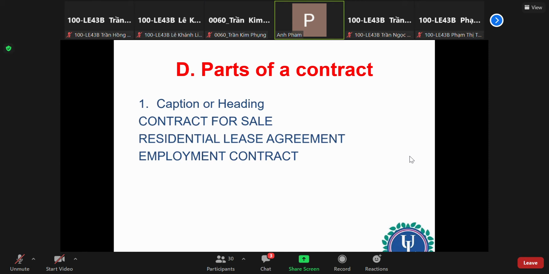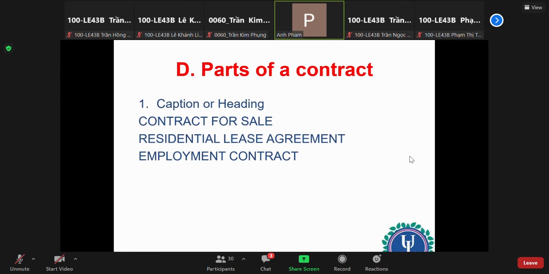And for the heading or for the title, people usually capitalize all the letters of the title. I say usually, it means that sometimes people just capitalize the first letter only. So it's subject to them, right?